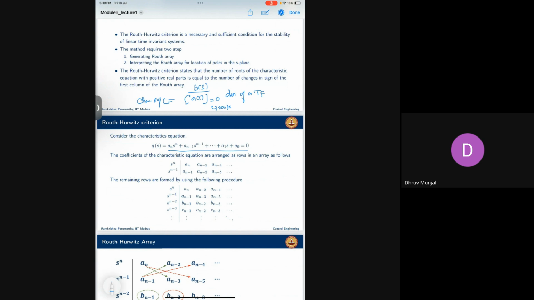Considering this as your characteristic equation, first start with the highest degree of the polynomial, even if it is s5 or s6, whatever it is. Then write the coefficients of the odd degree terms in the first row.